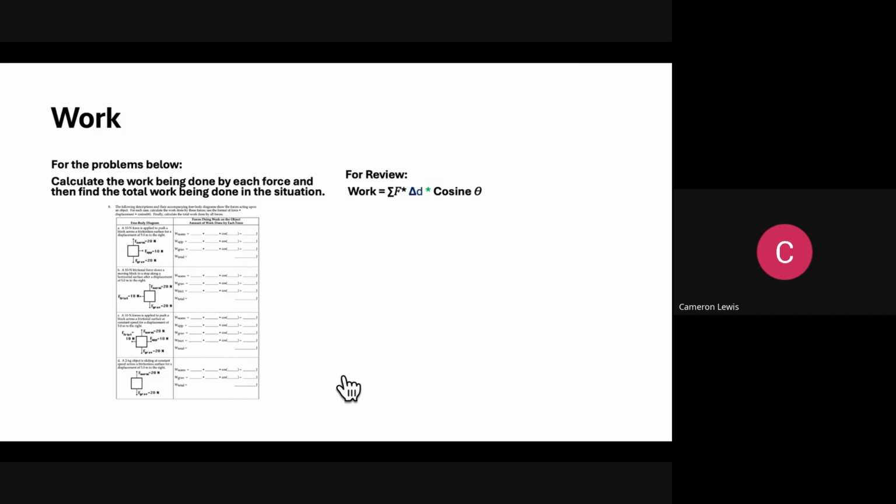All right. My first group, what did we get for B? Let's see. 0 and 0 for the normal and the gravitational one, and then -50 for the friction.